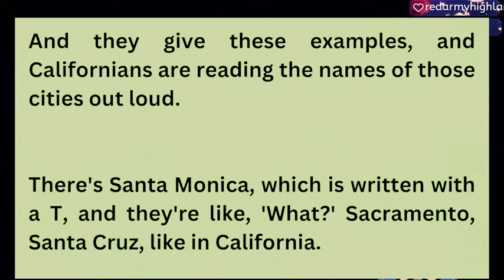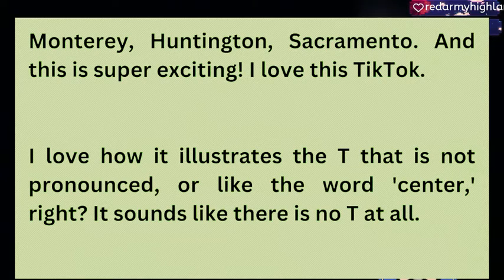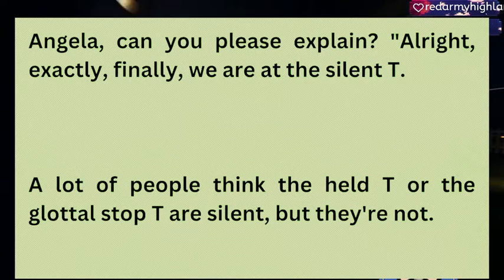Sacramento, Santa Cruz, Monterey, Huntington. And this is super exciting. I love this TikTok. I love how it illustrates the T that is not pronounced, like in the word center, right? It sounds like there is no T at all. Angela, can you please explain?